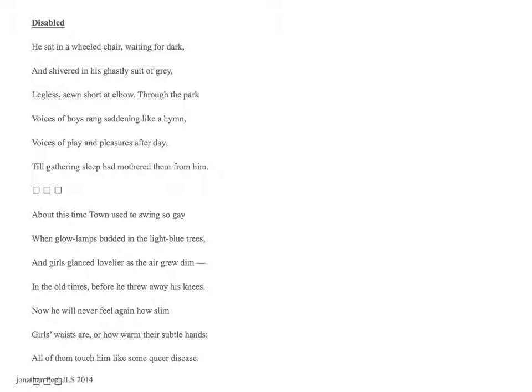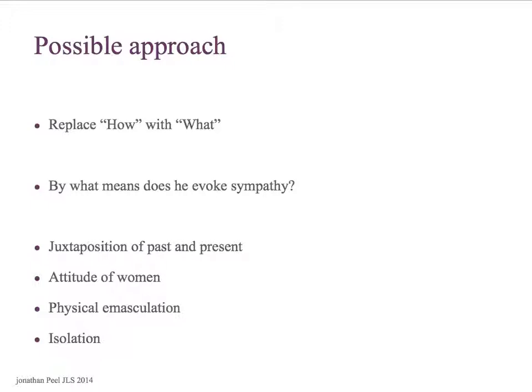Well, as always, in this kind of writing, the focus of the student should always be on the writer's choices. And in this case, it seems to me that one of the ways to approach a "How does Owen use" essay is to start by replacing the "how" with "what".